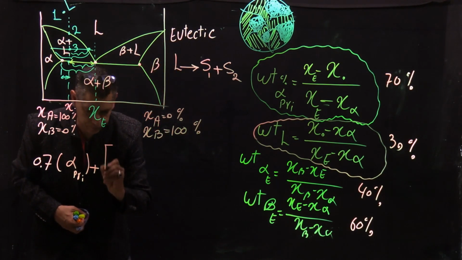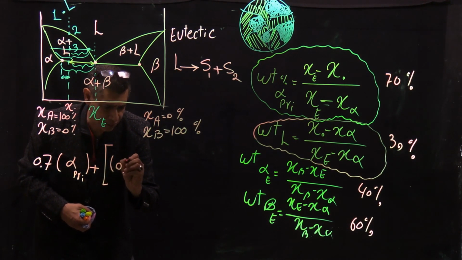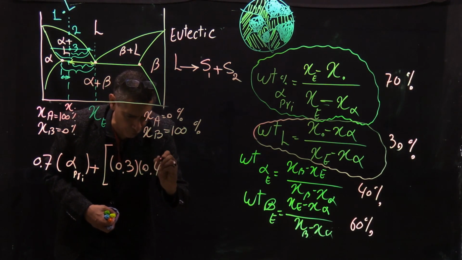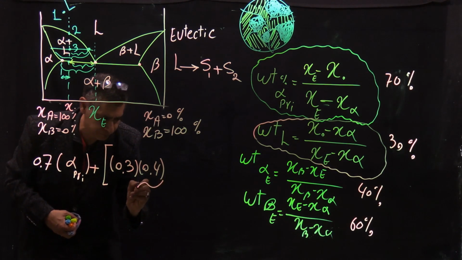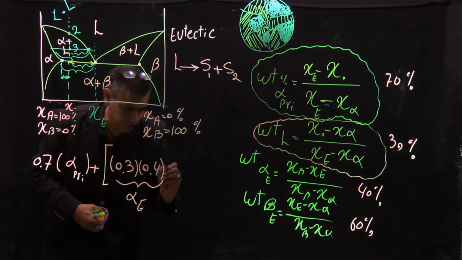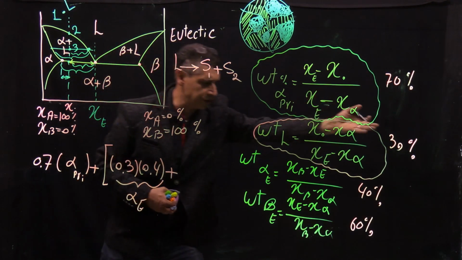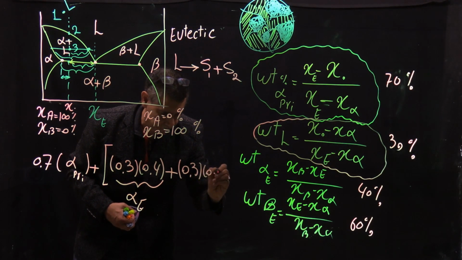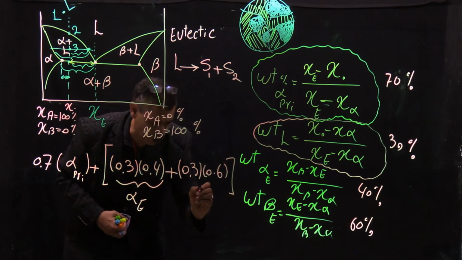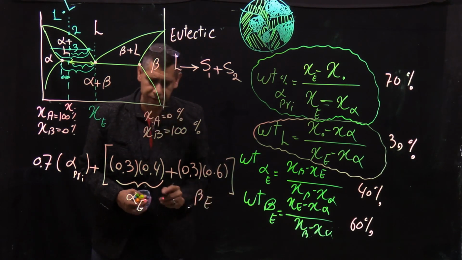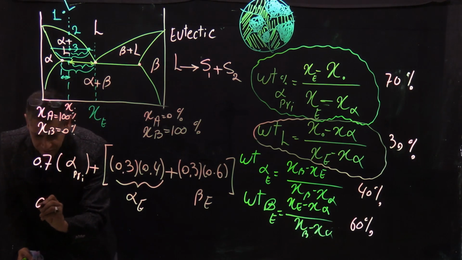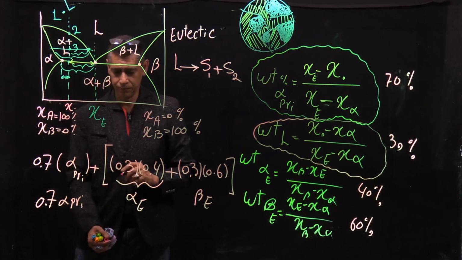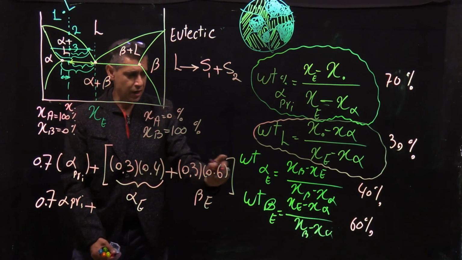So it's going to be 30% of 40%, this becomes alpha eutectic, plus 30% of 60%, this becomes beta eutectic.